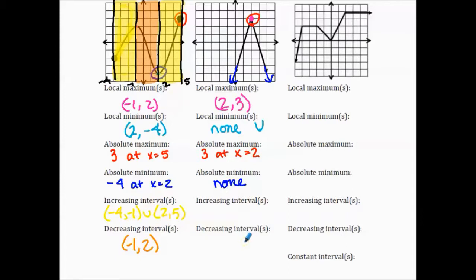If we shade where the graph is increasing and decreasing, if we start on the left, we're increasing. So this whole side is increasing. Then the graph starts decreasing.